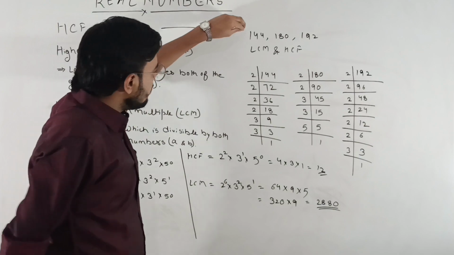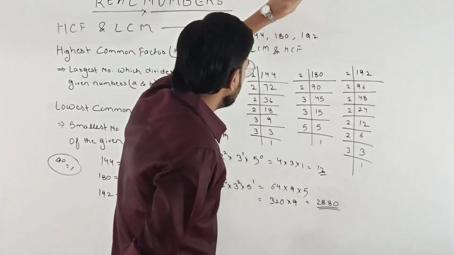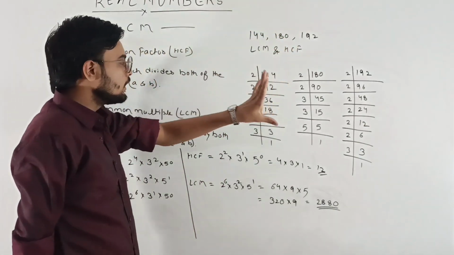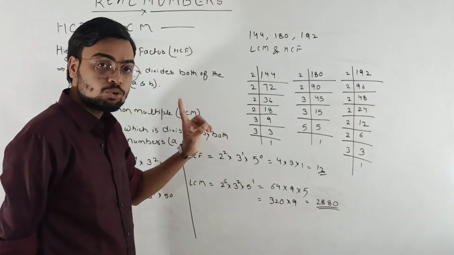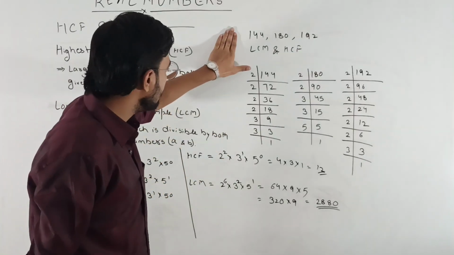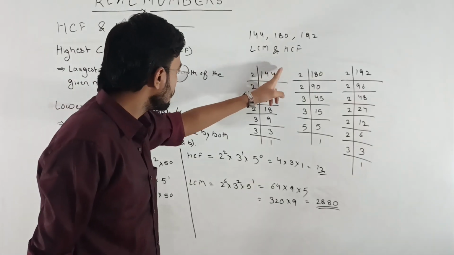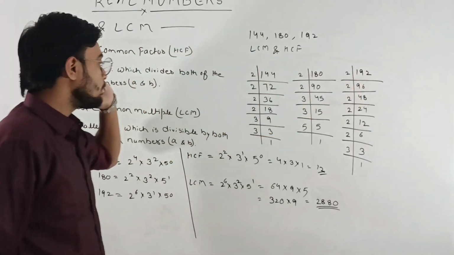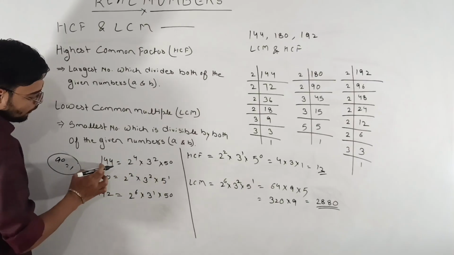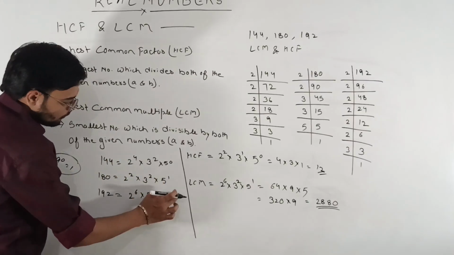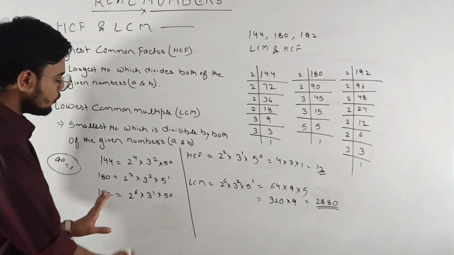Okay. Again, let's see what the method is. First, the numbers given are 144, 180 and 192. We have to find LCM and HCF. The first step is to do prime factorization of all the given numbers. Then my prime factorization is this one for 144, this for 180, and this one for 192. Now for HCF, first you write all the numbers.